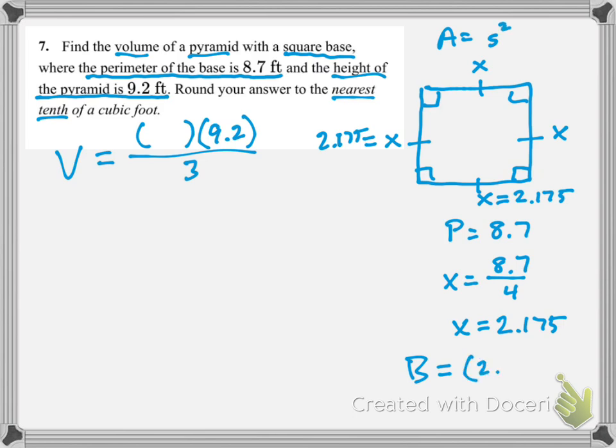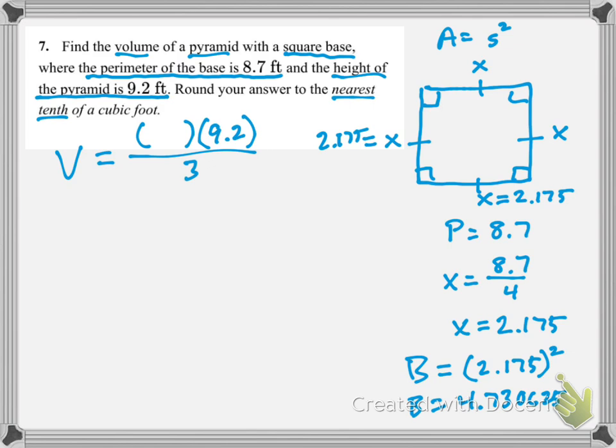So if I do 2.175 squared, let's see. If I square that, oh my goodness, that's crazy. All right, so I get 4.730625. Oh my goodness gracious.